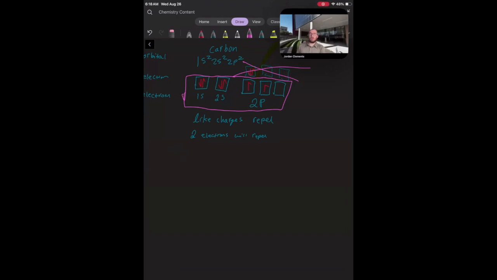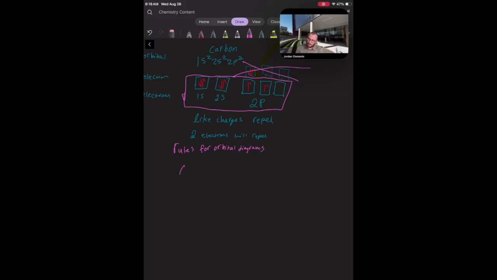Okay, so let's explain a little bit why we did the orbital diagram this way and how we do orbital diagrams. So, right, continuing to look at carbon, let's define some rules for orbital diagrams. We have 3 rules.